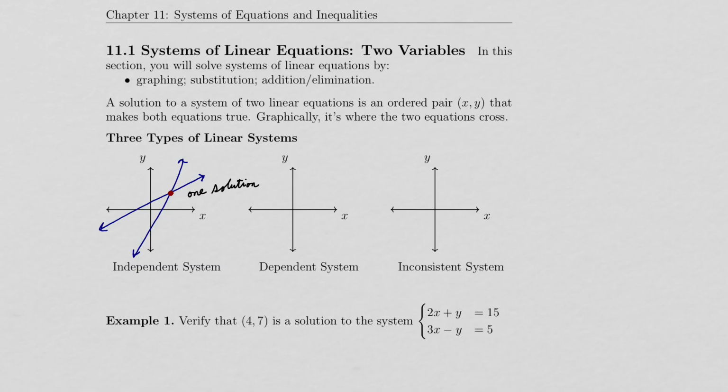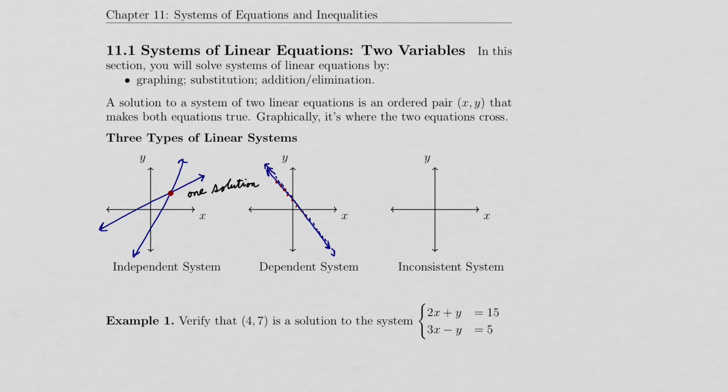Okay, you could have a case where the lines, they may not look it at first, but they're actually the same line. So they lie right on top of one another. It's hard to even draw this. I'll do it like dashed. So assume that dashed one lies right on top of it. So in this case, all of these points are solutions, because they're basically the same line, same equation.